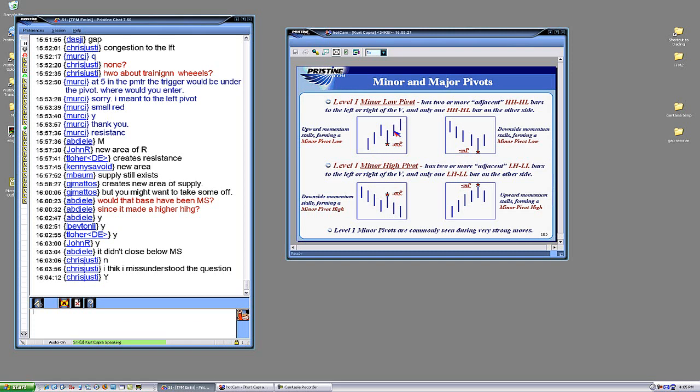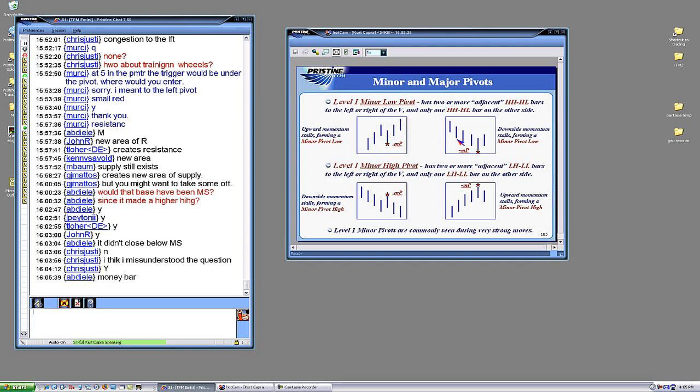So this is like our little continuation pattern here. Little pullback, little bottoming tail, and then we go again. This is not major support. Here we have, so this is in an uptrend. Yeah, it's like a money bar. This is in an uptrend. Now a level 1 minor pivot low in a downtrend has 2 higher low, higher high bars on the left.